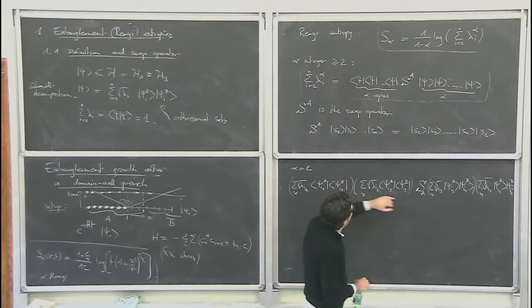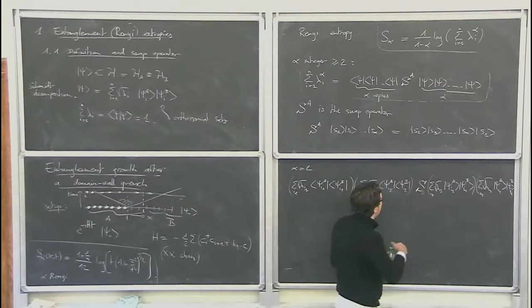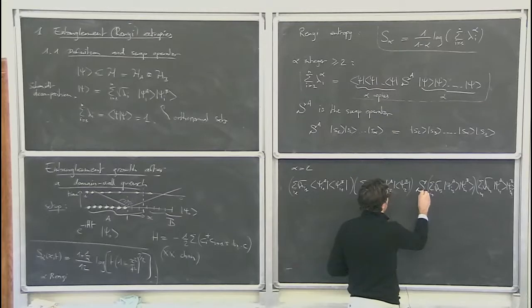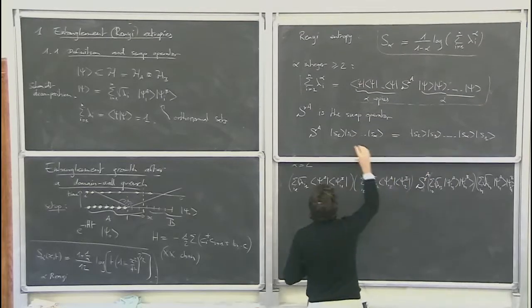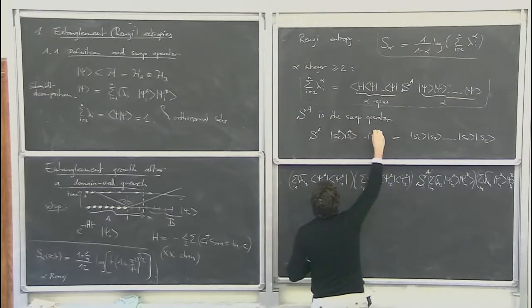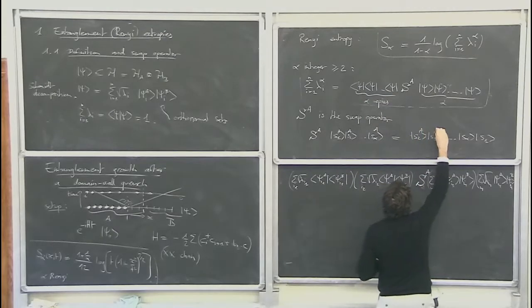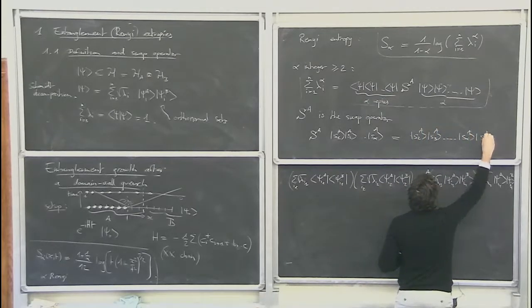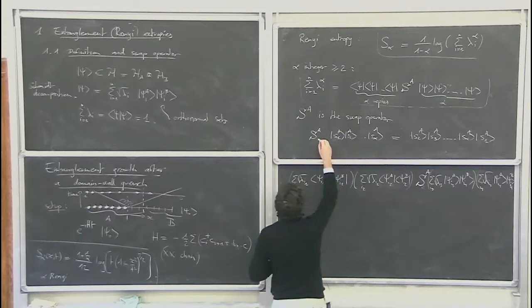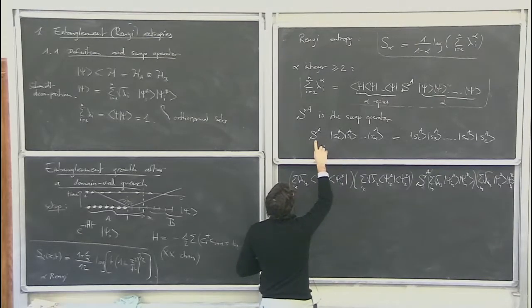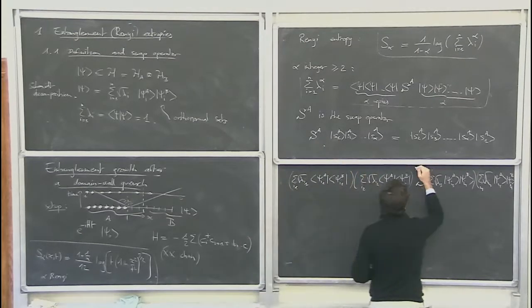This is why there's an A here. So it exchanges these states only in part A, and on part B it doesn't do anything. It's just the identity. So think of this as an operator acting on A, and then here we have S tensor identity acting on B.